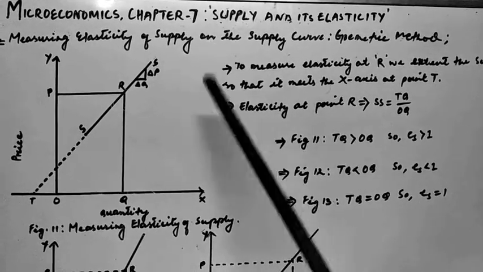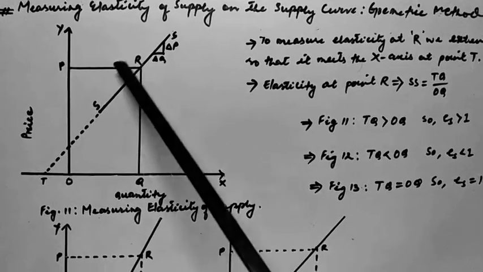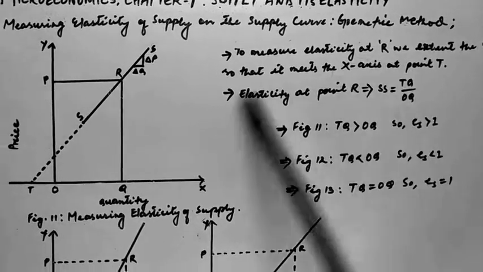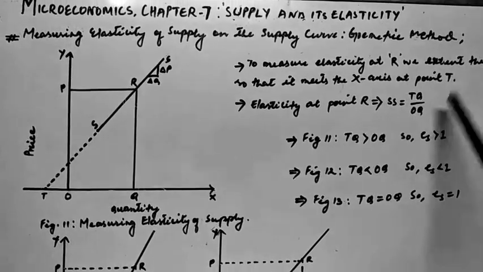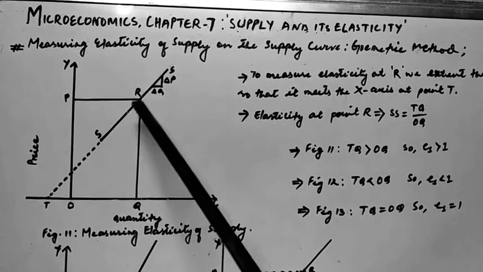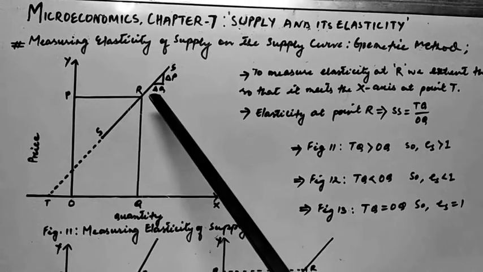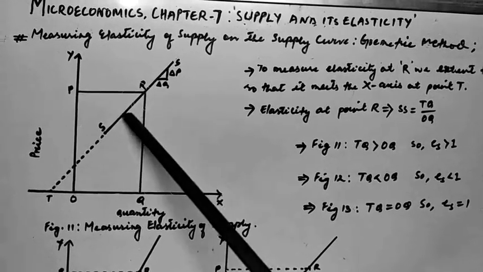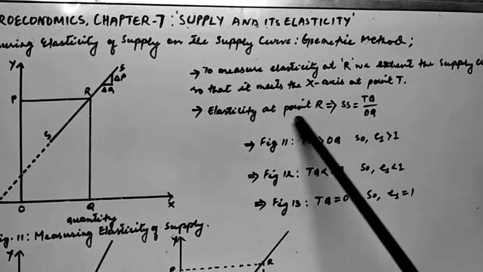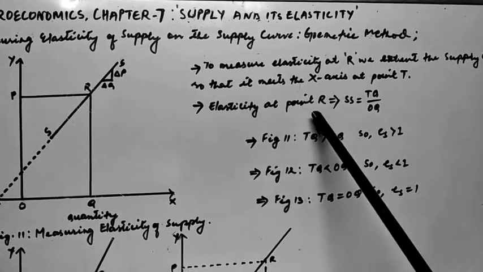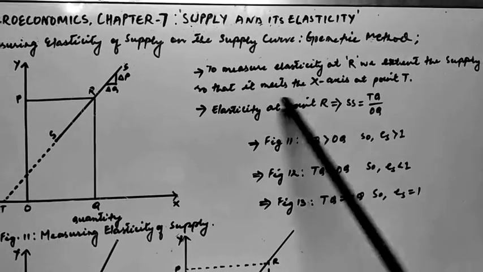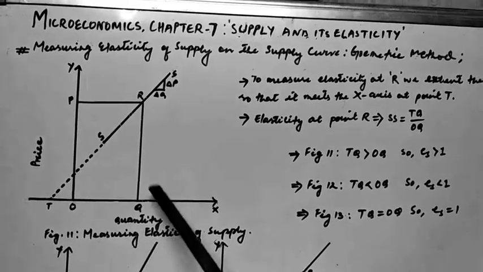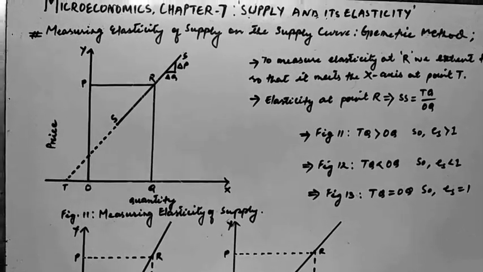That is how we measure the elasticity of supply at a point lying on a supply curve, and in our example it is at point R. That is how we obtain the elasticity of supply at point R on the supply curve SS by dividing the distance TQ by OQ. So that is the geometric method.